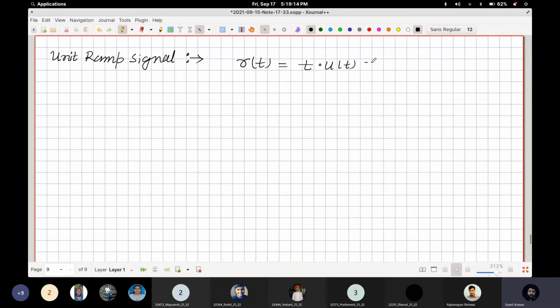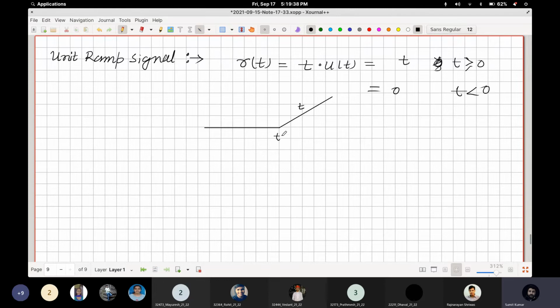Or you can write it like this: this is equal to t for t greater than or equal to 0, and it is 0 for t less than 0. And it is plotted like this: it is 0 all the way up to t equal to 0, and after that it's a straight line, and the equation of that straight line is t.